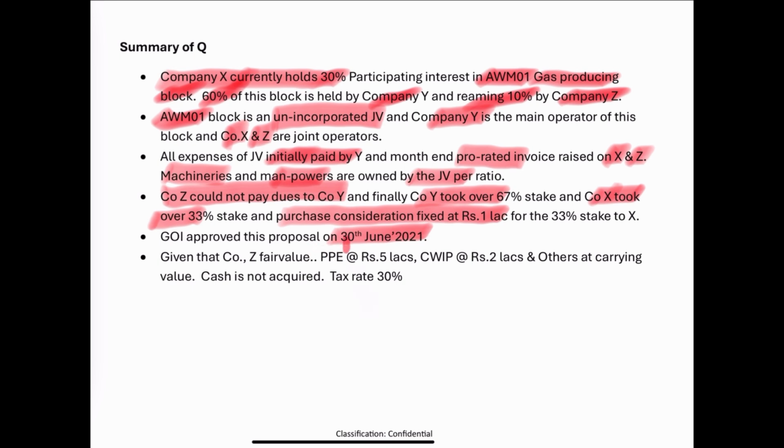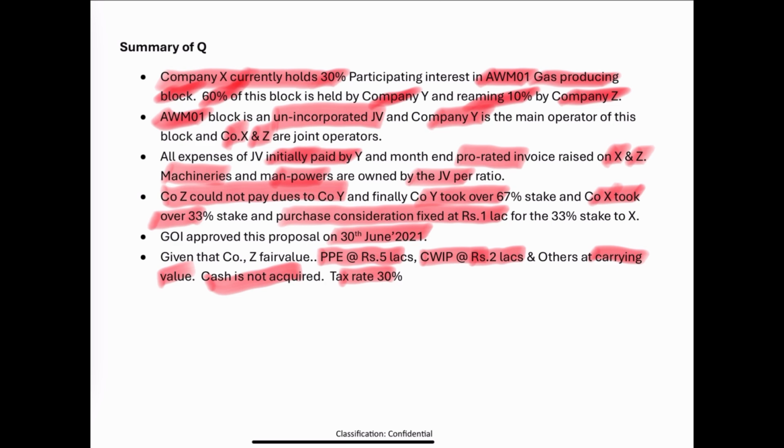PPE has been revalued, with a fair value of 5 lakh rupees, and the construction work in progress has a fair value of 2 lakh rupees. For all the other remaining assets and liabilities, the fair value and carrying value are the same. As part of this acquisition, only the current assets, current liabilities, non-current assets and non-current liabilities will be taken over, excluding cash. And the tax rate is given at 30%.